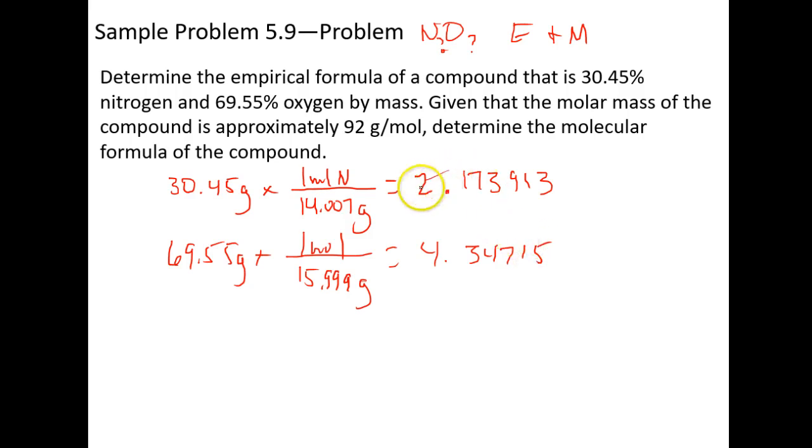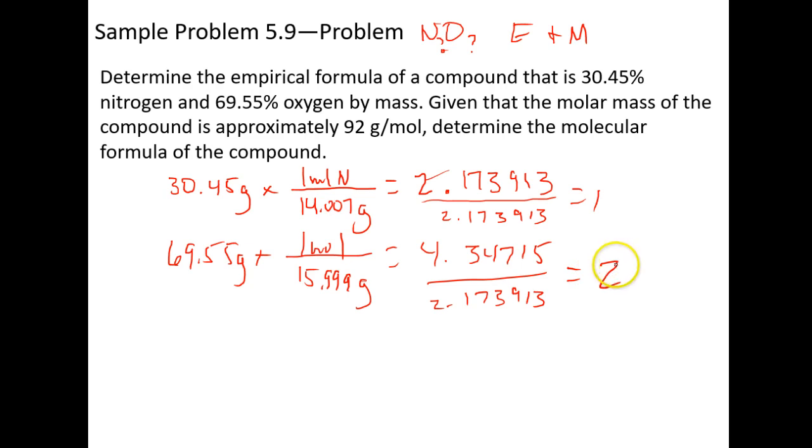Now I divide by the smaller of the two numbers. That equals 1, and 2.1739. I can already tell that that equals 2, but let's just do it on the calculator. 4.34715 divided by 2.173913, I get 1.9996. I can round it up to 2.